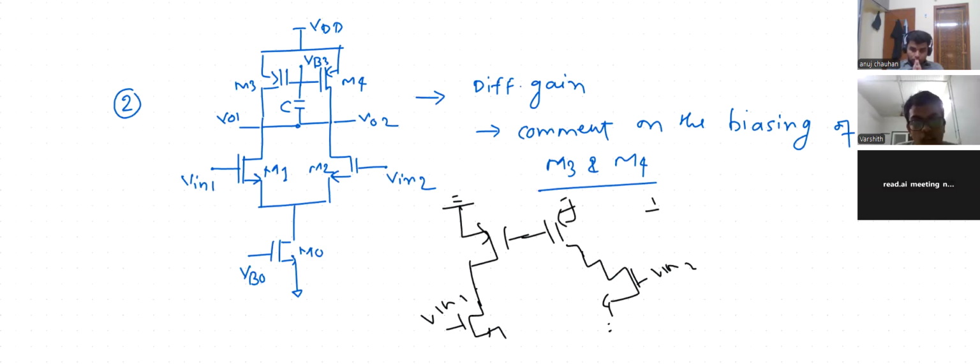We must have a lambda output resistance RO. That you can consider, but very high.